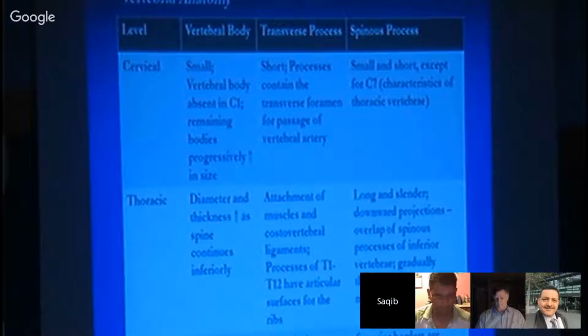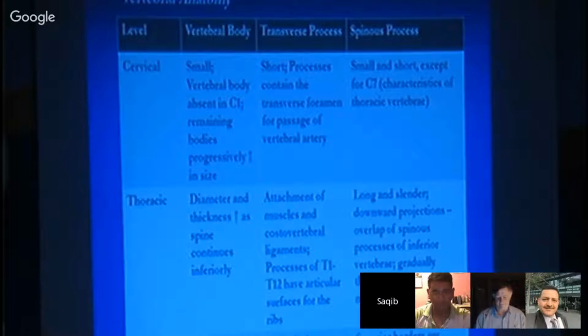So for the cervical spine, the typical characteristic is that the body is usually small. It's missing obviously at C1 and then grows from C2 downwards. The transverse process is short compared to the rest of your spine, and normally you will see the transverse foramen down to C6 in the majority of cases, but that's not 100%.